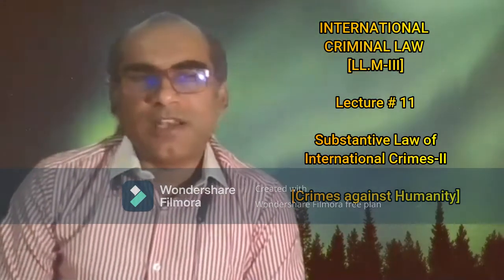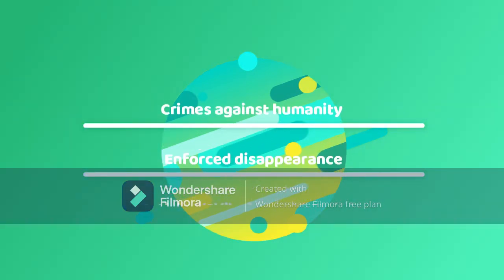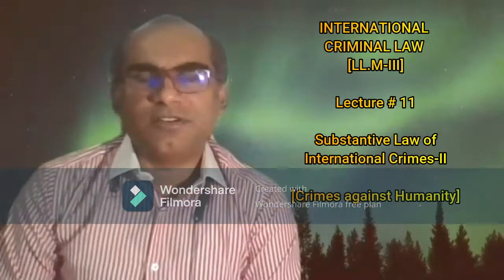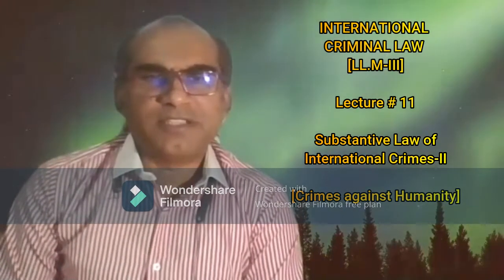And clause I of the same article and paragraph 1 is the crime against humanity of enforced disappearance of persons. The elements are: the perpetrator arrested, detained, or abducted one or more persons, or refused to acknowledge the arrest, detention, or abduction, or to give information on the fate or whereabouts of such persons.